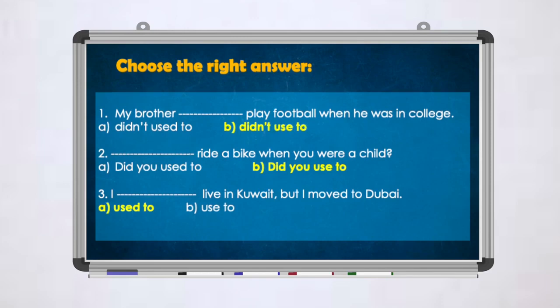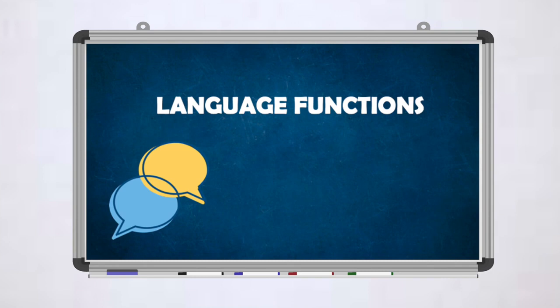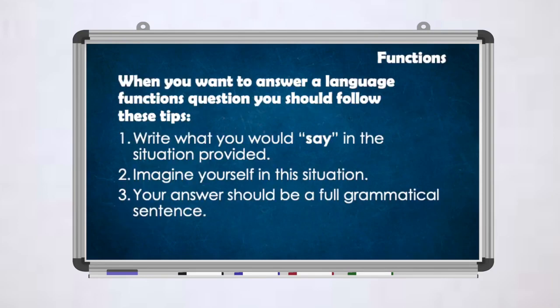Well done. Now, let's learn about language functions. Language functions are basically situations where you imagine yourself in it and respond to it. So, before you answer any language functions questions, you have to pay attention to the following tips.